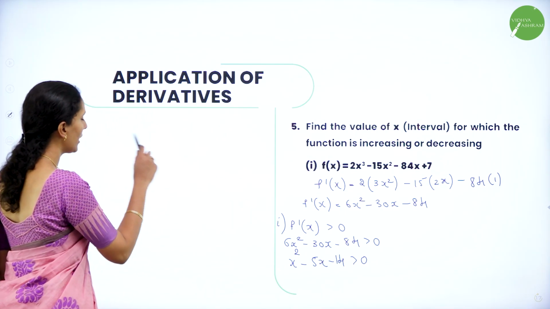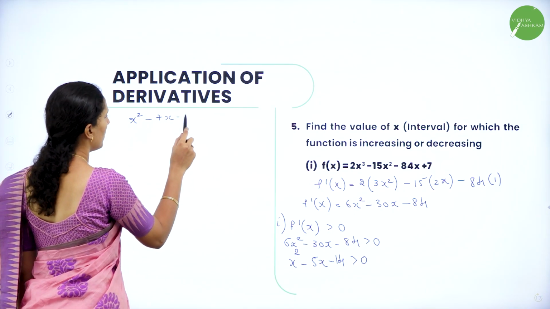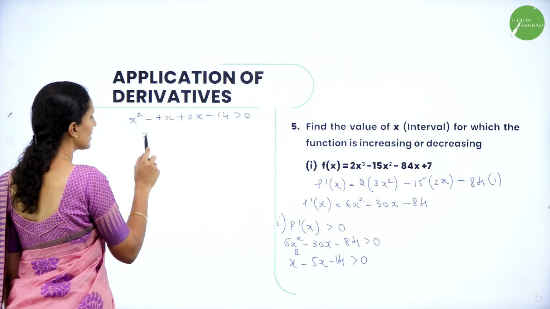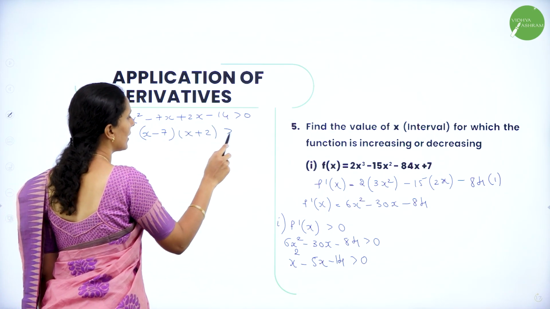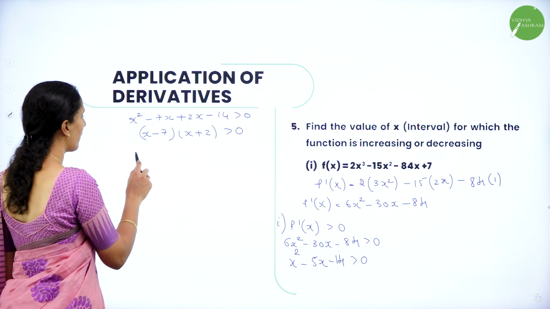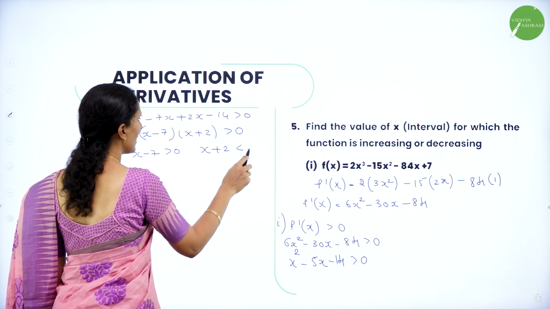Then we will get x square minus 7x plus 2x minus 14 greater than 0. We get the factors as x minus 7 and x plus 2 greater than 0. So here let's look at the interval. We can write x minus 7 greater than 0, x plus 2 less than 0.